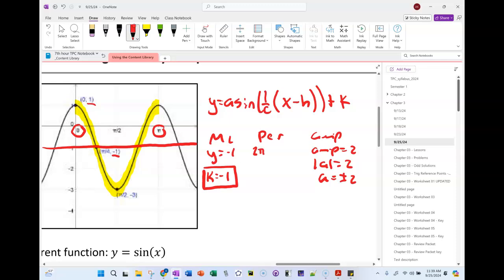So the formula for period: 2 pi over the absolute value of c is equal to our period. To solve for c, I need to divide by 2 pi. What is pi divided by 2 pi? 1/2. And we always pick c to be positive. So far, so good there.